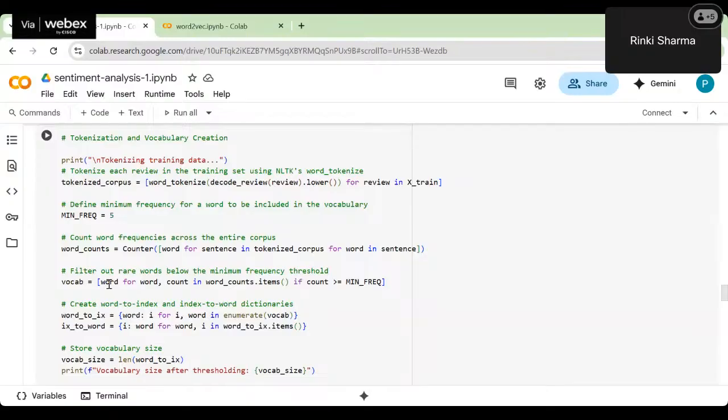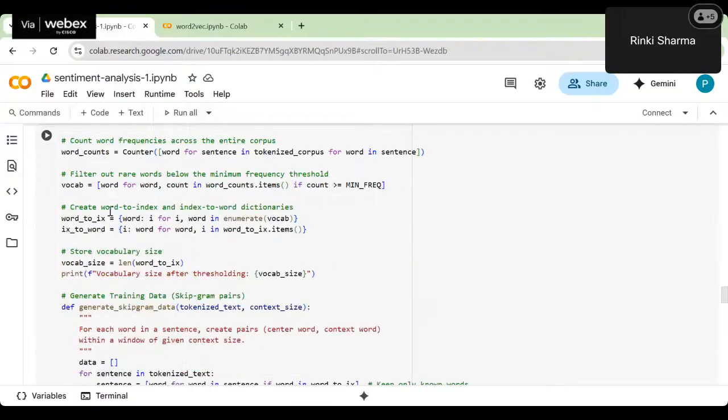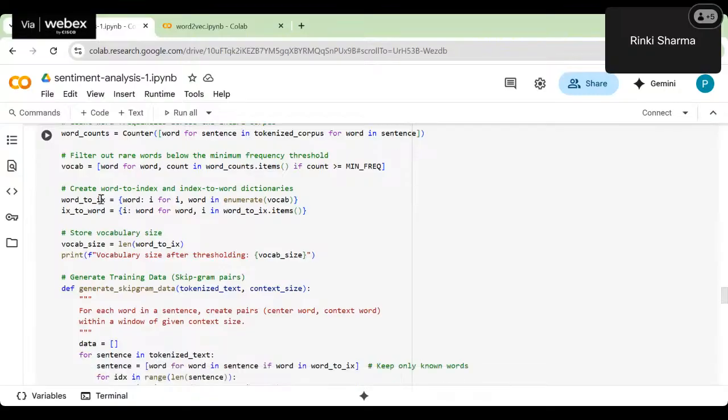These are the familiar functions that assign a numerical identity to a word: word to ix and ix to word. The first function assigns an index, a numerical quantity, to a given word. The second function is the reverse: it assigns a word given a numerical quantity. Similarly, we print our vocabulary size after setting the thresholding.